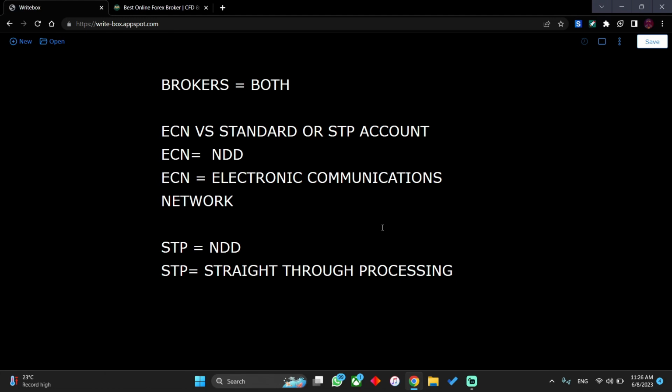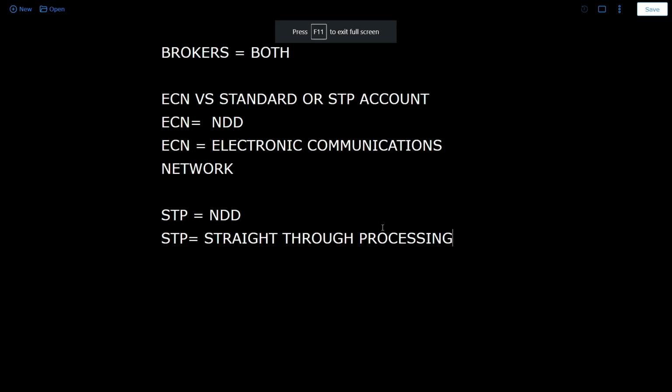Trades can be routed in different ways. An STP broker can route different trades through different counterparties, and it will not route all the trades similarly. One trade may go to another STP broker, then another can go to an ECN broker.